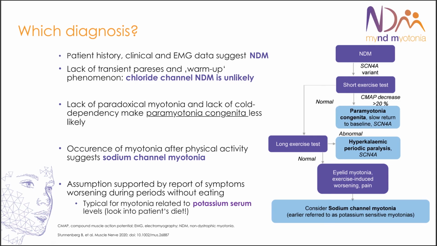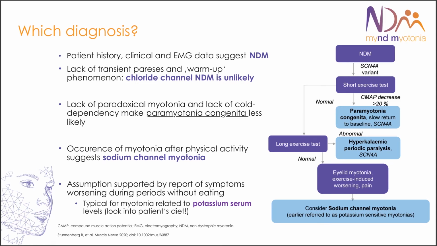You all know that when you have a high sugar level after eating, potassium is lowered in the serum by a process that is directed by insulin, and in the opposite, potassium levels may increase in periods without eating. So this indicates there's a relation to the potassium level.